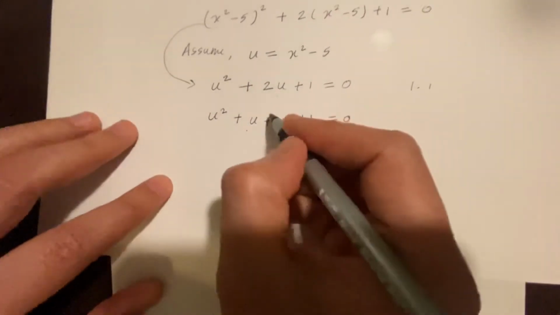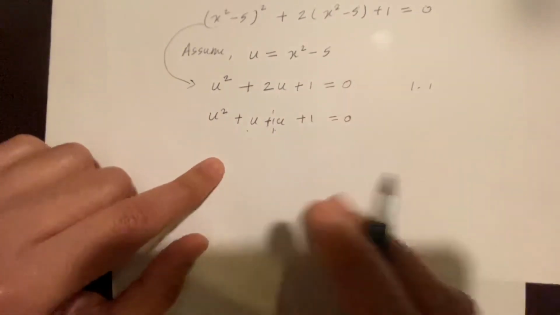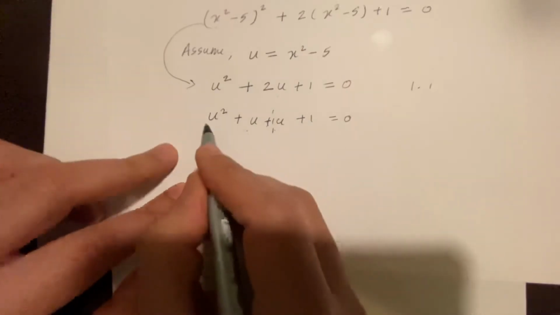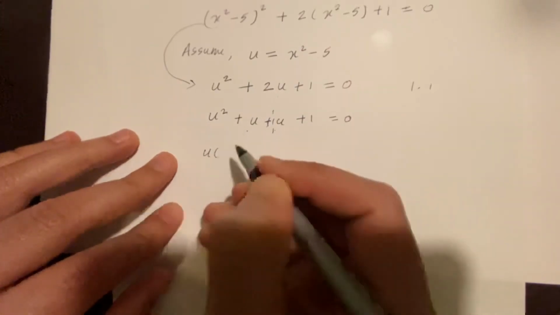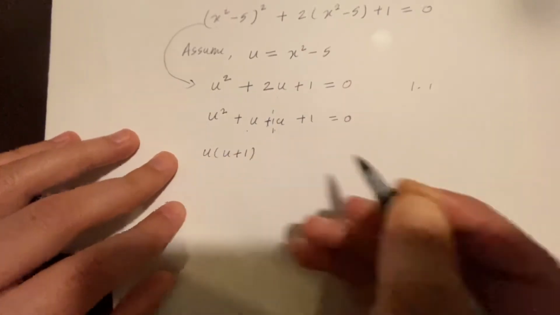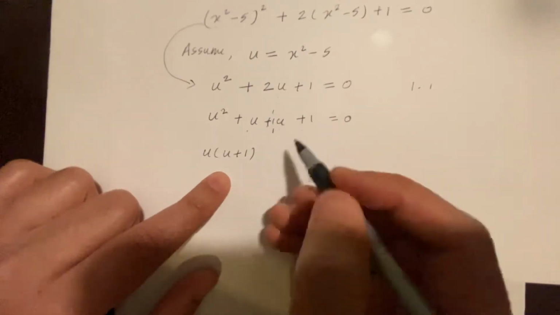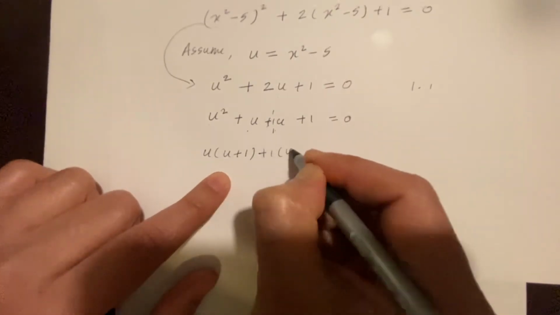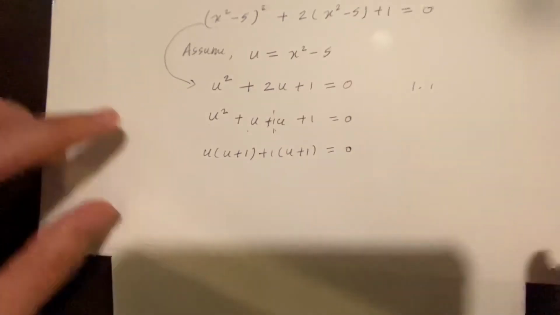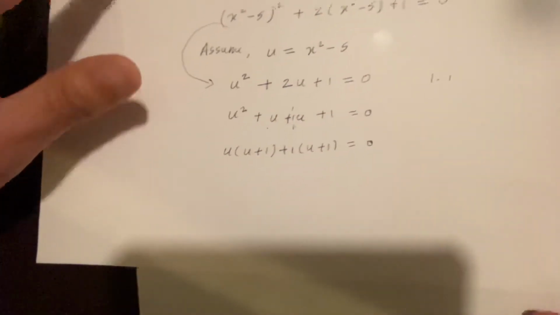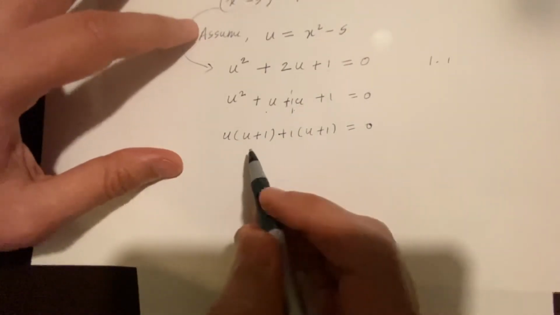Now split the middle term into two parts. From these two, you can factor out u, and the remaining term is u plus 1. From these two, you can factor out 1, and the remaining term is again u plus 1.